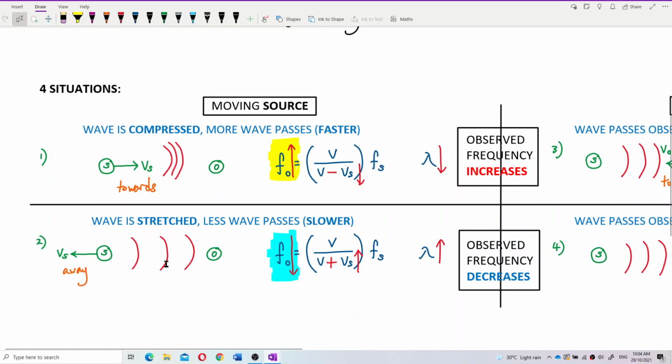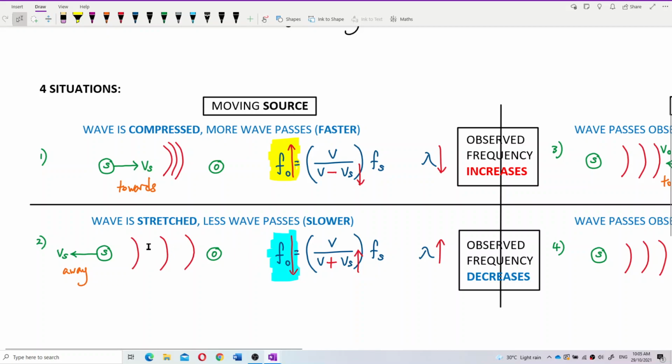So when the wave is being stretched, that means the wave passes through the observer less per unit time. In other words, the wave passes through the observer slower, because less wave passes through the observer per unit time.